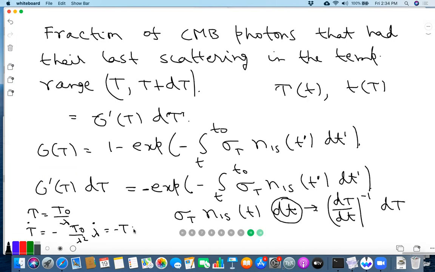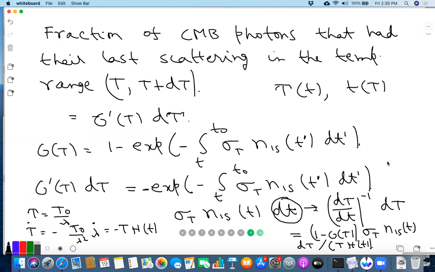So that's minus T times H of T. Because T naught over lambda is T, and then lambda dot over lambda is H. So that's minus T times H of T. So this I can write as, so this quantity itself is 1 minus O of T, and then sigma T n1s of T, and then here we have dT divided by T times H of T. Okay, in the next slide, I'll try to write this formula in a better way.